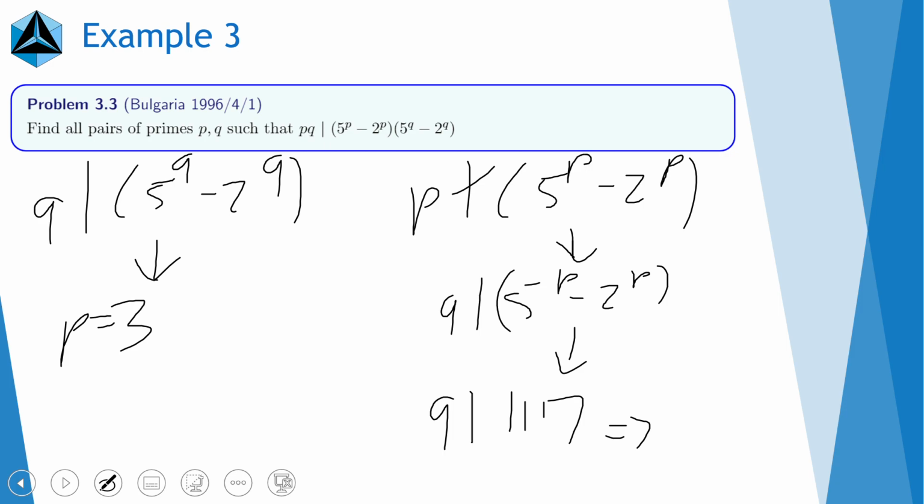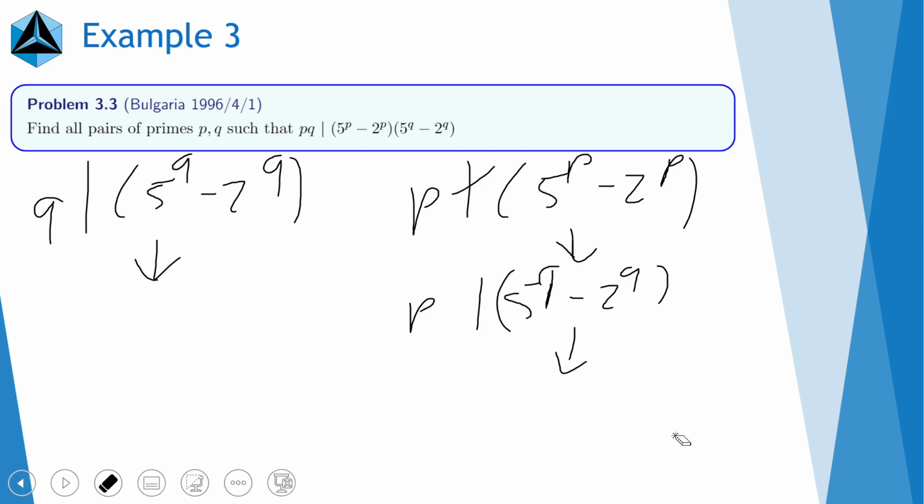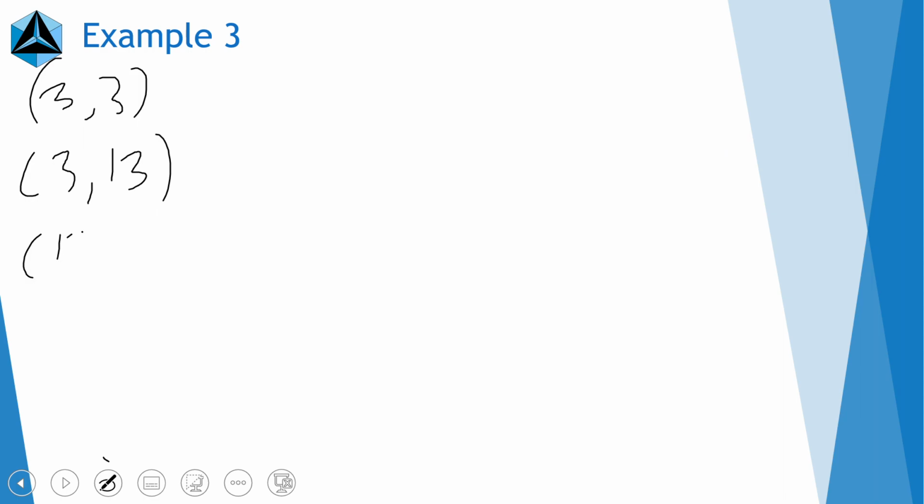This is our other case where only the statement is true for q, and this gives us that q is equal to 3, and then this leads us to p is equal to 3 or 13, so that gives us our other pair, 13, 3.